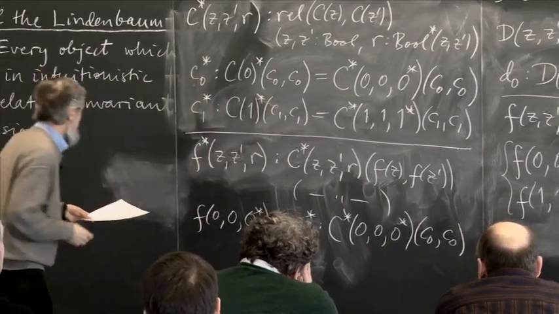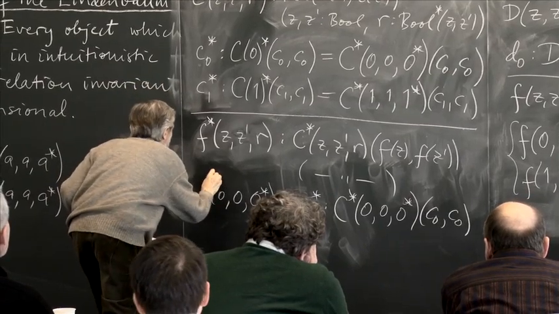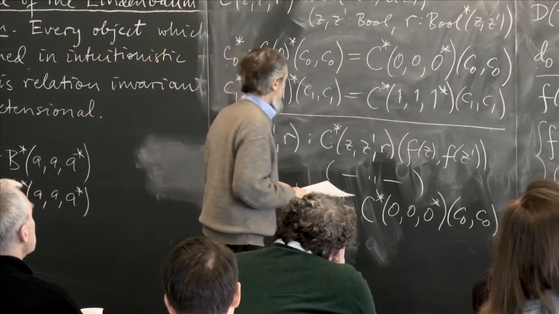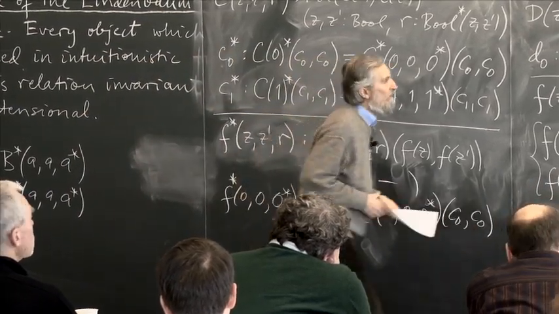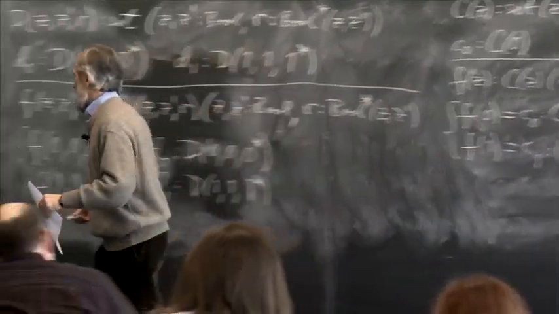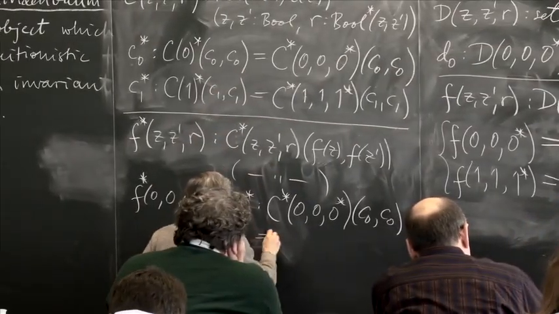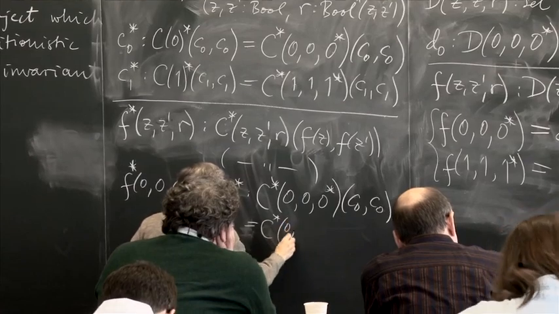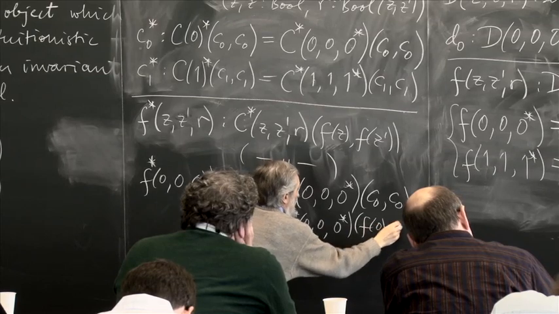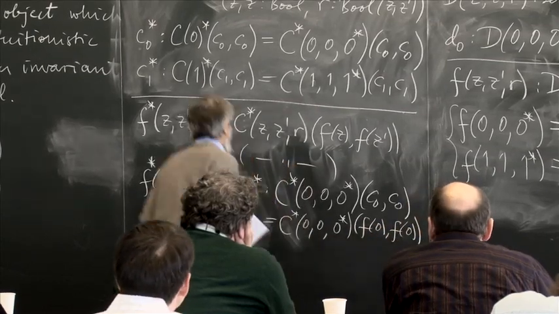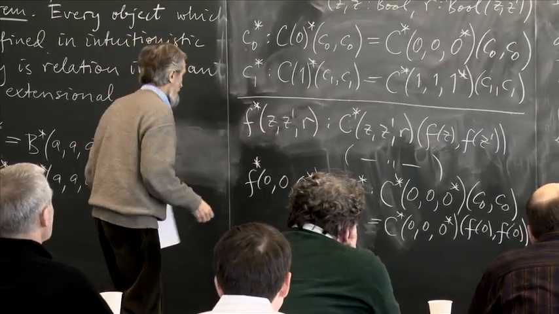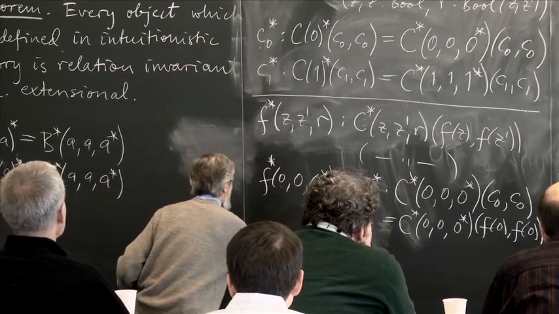Maybe that's F star of. And now I will rewrite this immediately by means of the equation C0 equals f of 0 as C star of 0, 0, 0 star of f of 0 and f of 0. And similarly in the 1 case, of course, just replacing 0 by 1.